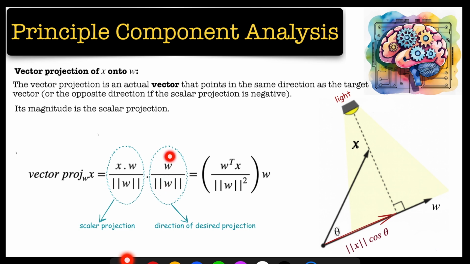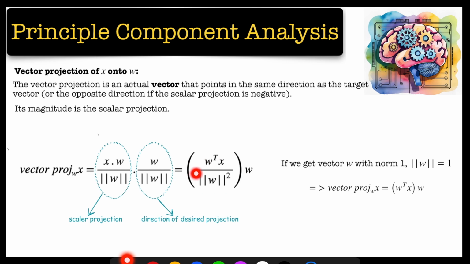So we are multiplying this direction of the desired projection with the scalar value. X dot W is W transpose X, and if you multiply these two, you get W transpose X divided by the squared norm of W, times this W. So this is the vector projection of X onto W.